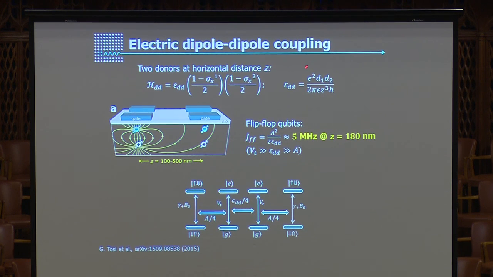But anyway, you can easily find a 5 megahertz coupling between the flip-flop qubits at 180 nanometer distance. This is a substantial coupling at a distance that is much more comfortable to work with than the 15 nanometers in the Kane proposal, right?